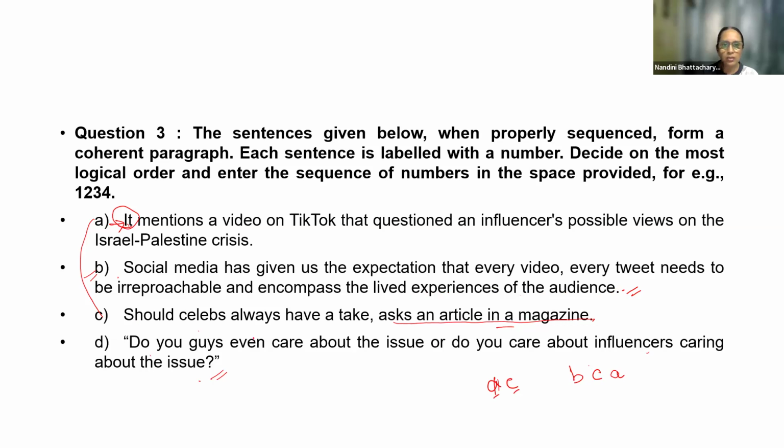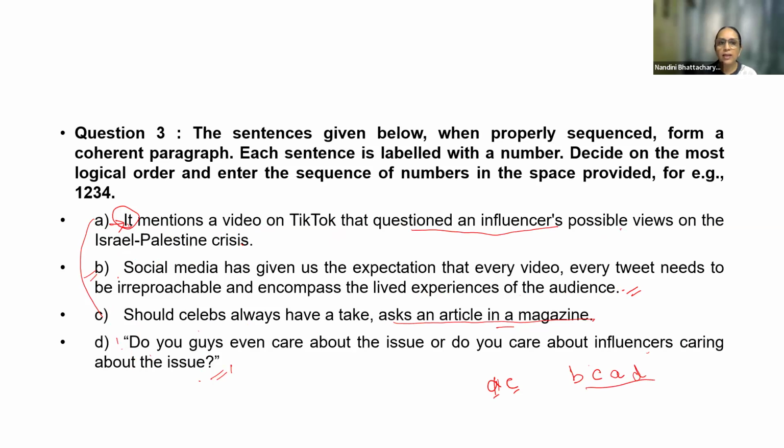Then should celebs always have a take? Asks an article in a magazine. It mentions a video on TikTok that questioned influencers' possible views on the Israel-Palestine crisis. And then this is the question. So if you see, D should follow A. And that's your order.